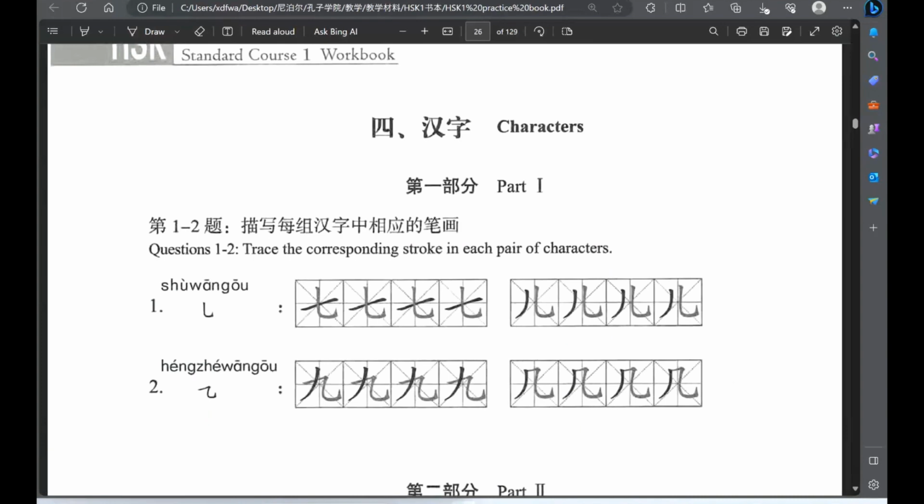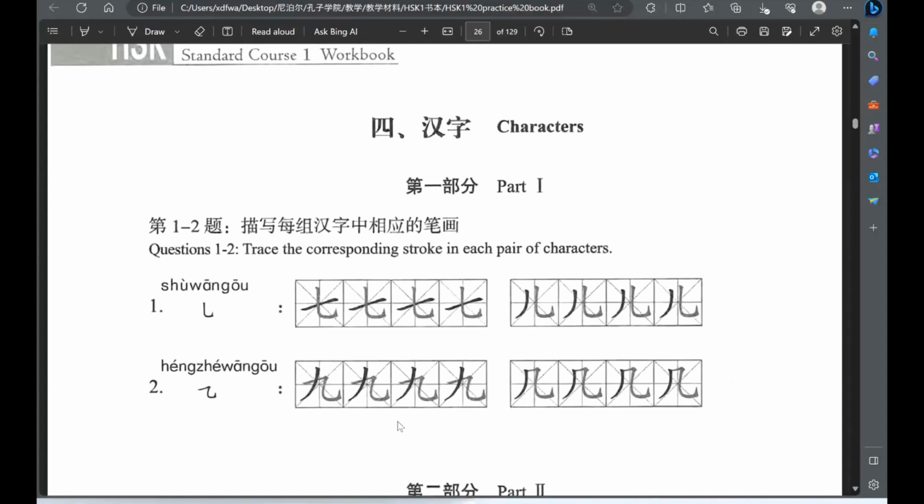Section 4, Characters, 汉字. Part 1, choose the corresponding stroke in each pair of characters. 2 strokes here. First is 竖弯钩, 竖弯钩. Example characters like number 7, 儿 son. 横折弯钩, 横折弯钩.